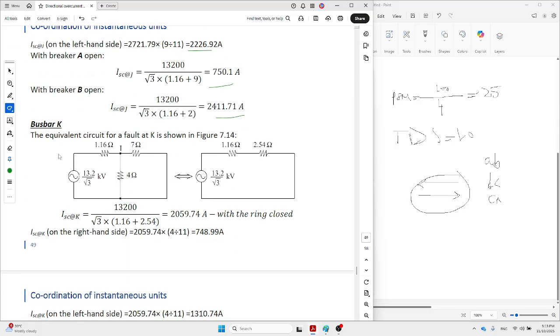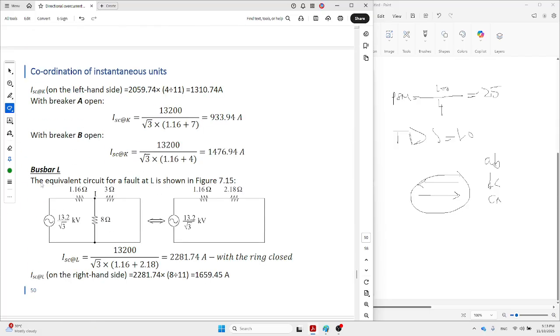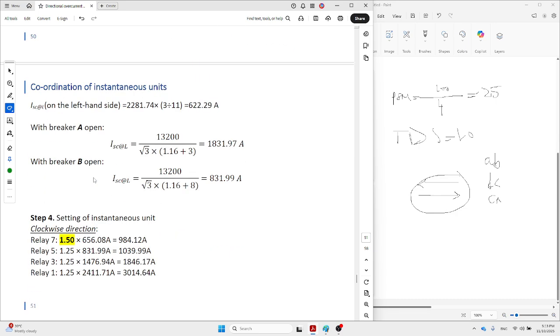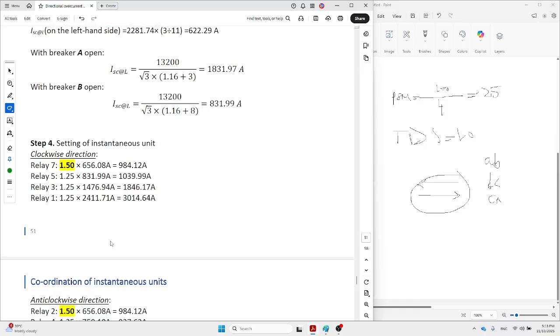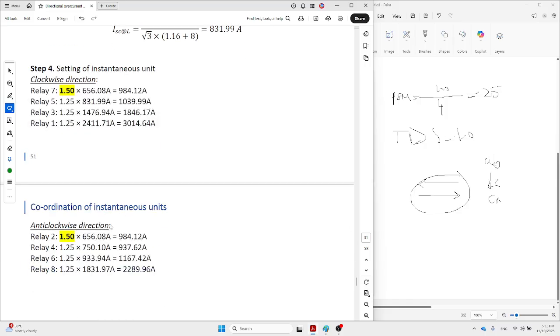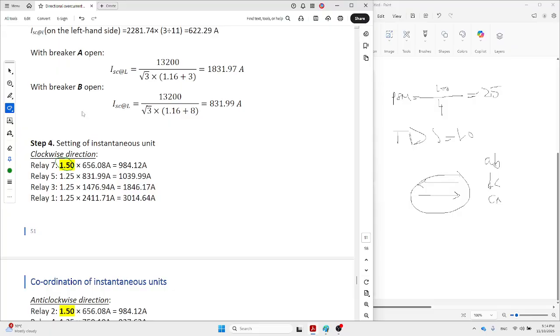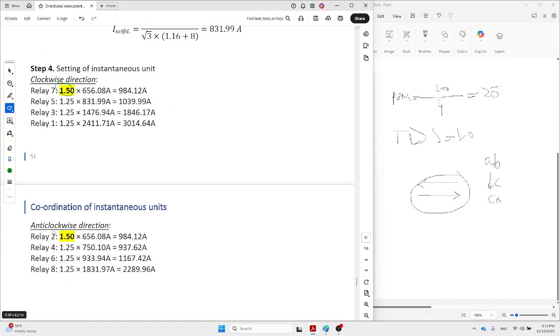Then for bus K, then for bus L, the same procedure must be redone. Finally, the worst fault current must be picked here and set the relay clockwise, and here anti-clockwise. Again, you have to pick the relay, but be careful for the first one, which is close to the source. You have to pick up the biggest value.